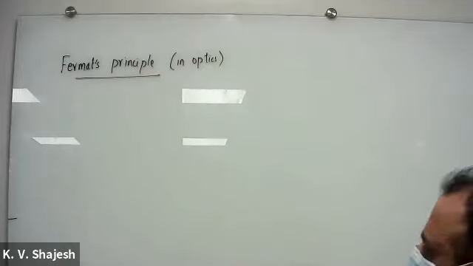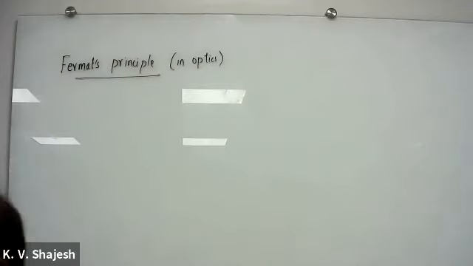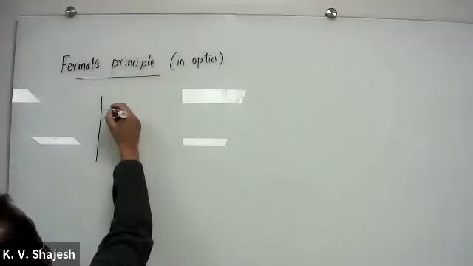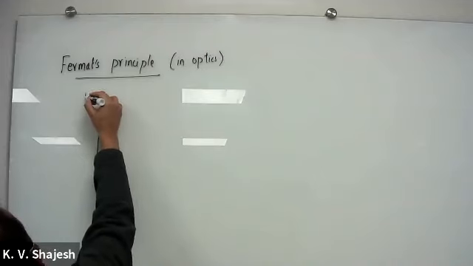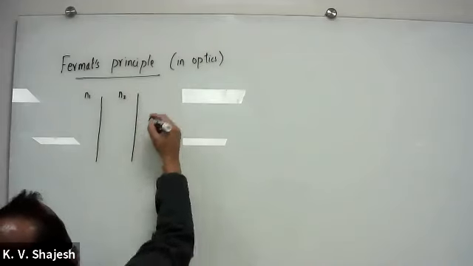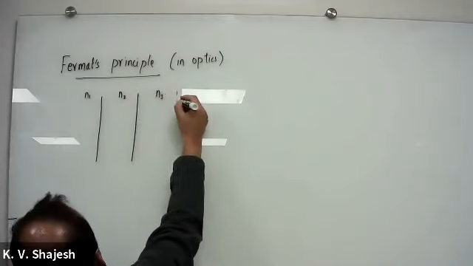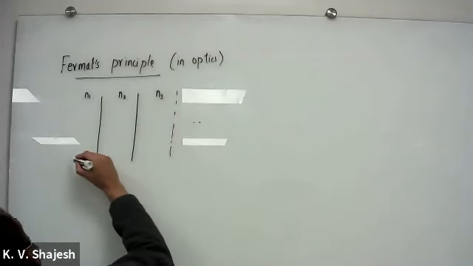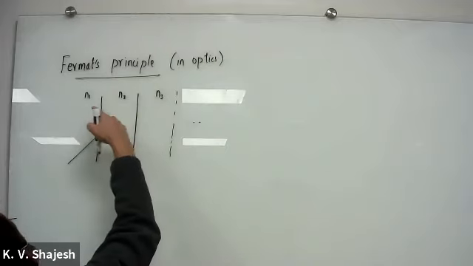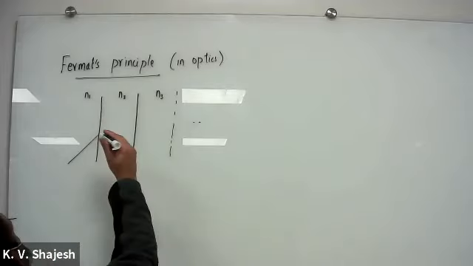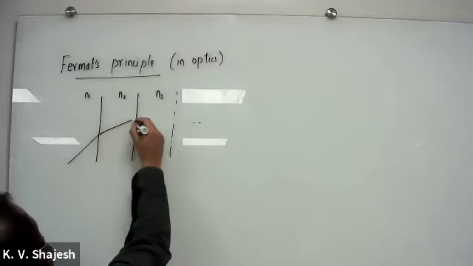We sort of touched on it, but for a stratified medium, what we said was that if we have N1 here, that's N2, and that's N3, and so on, and light comes from here, assuming N2 is greater than N1, this will bend down here.